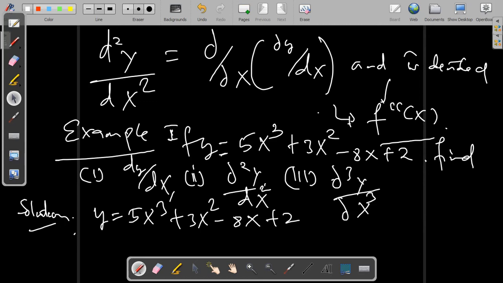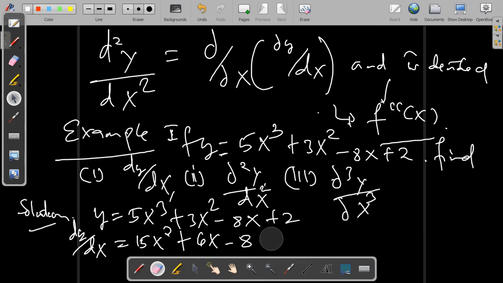Now dy over dx is equal to, applying the derivative on this function, 3 times 5, that is 15x raised to the power of 3 minus 1, which is 2, plus 2 times 3, which is 6x, then minus the derivative of this function, which is 8. And 2 is a constant. Any constant number when you differentiate it is equal to 0. So we remain with this function as observed here.